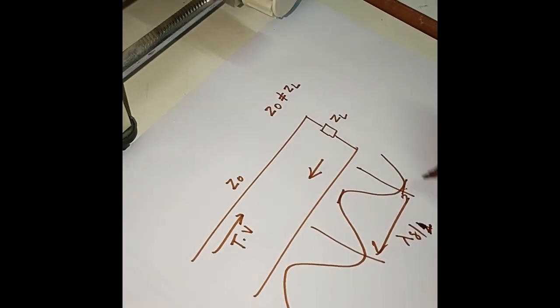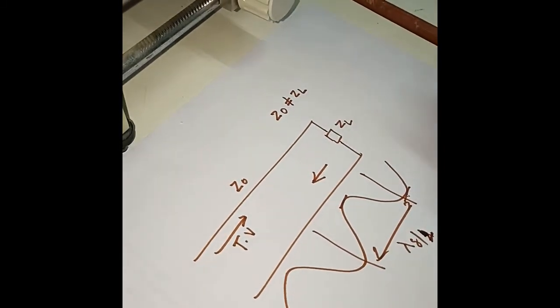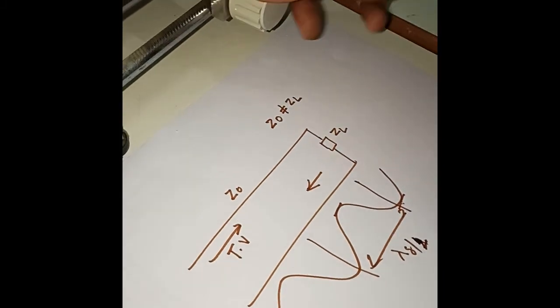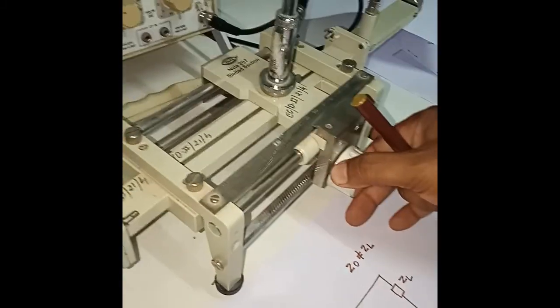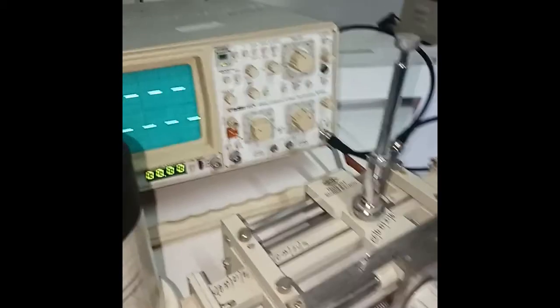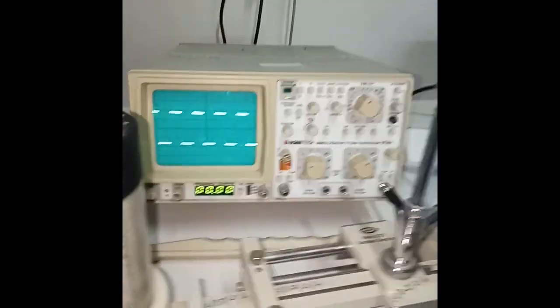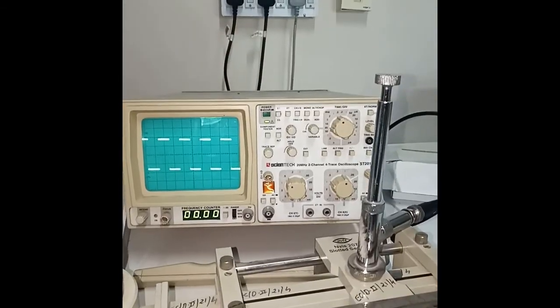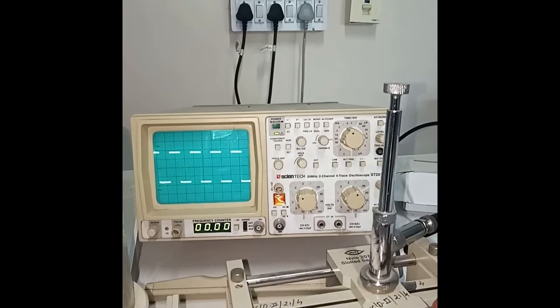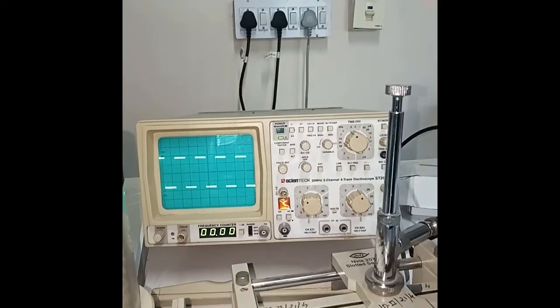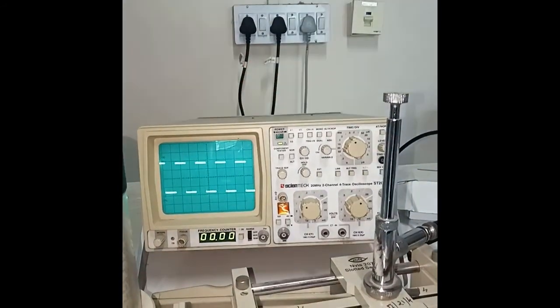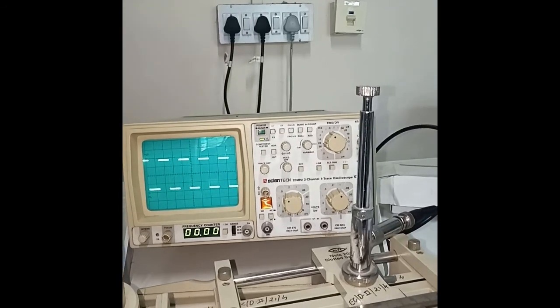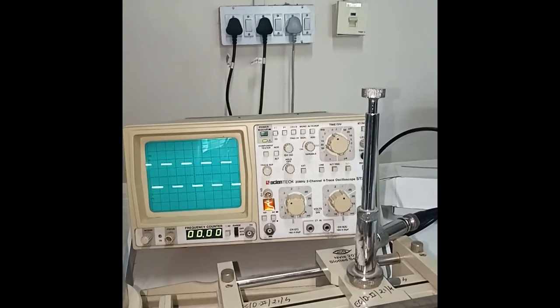So in this practical, what we will do is move our probe and find out this distance, that is d2 and d1, using this scale. We will measure on the scale the different locations of minima. So let us start this.